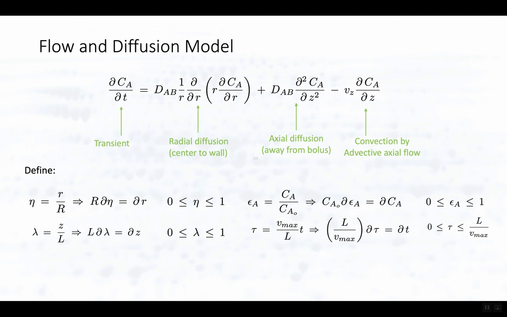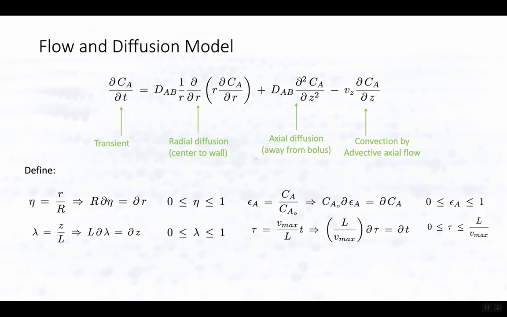Now, we have to deal with time, and there are actually two time scales. We talk about this in the textbook. The one that works the best is the time scale for the material to move from z equals 0 to z equals L. So that's the distance being traversed is L. The maximum velocity inside the pipe, you can use maximum or you could use average velocity.